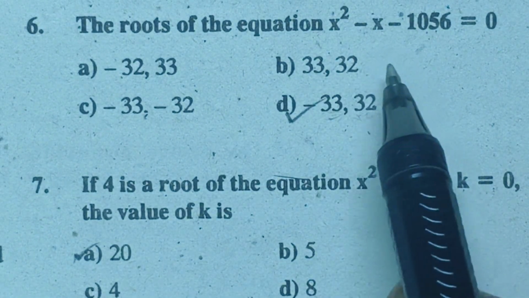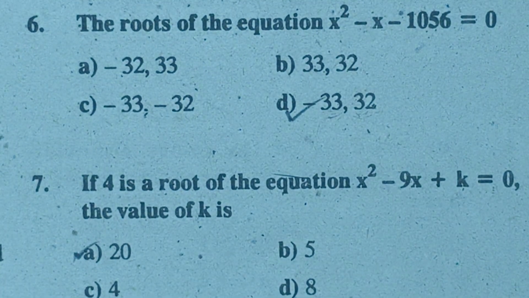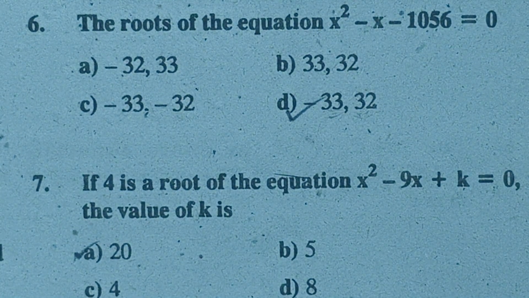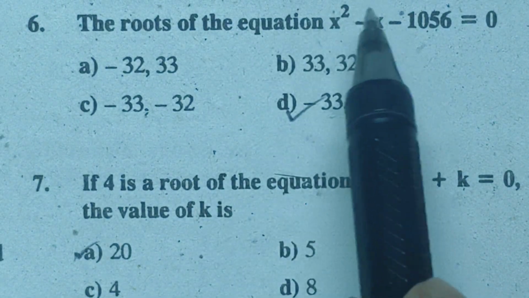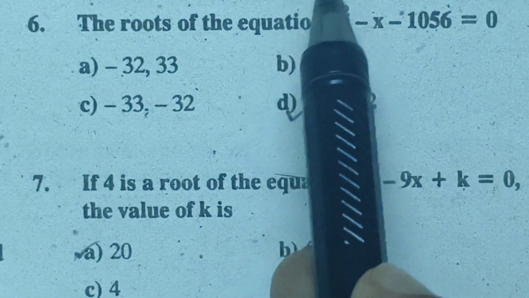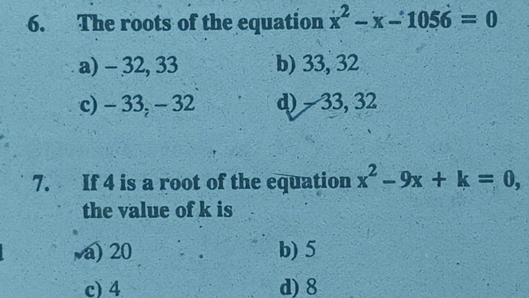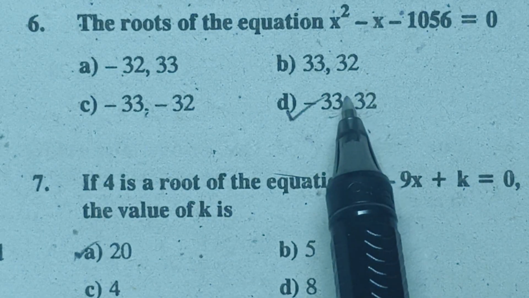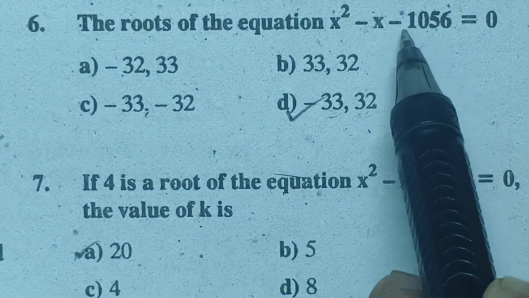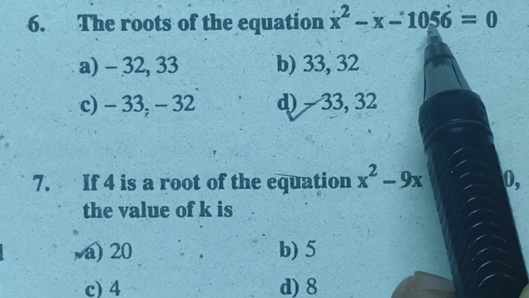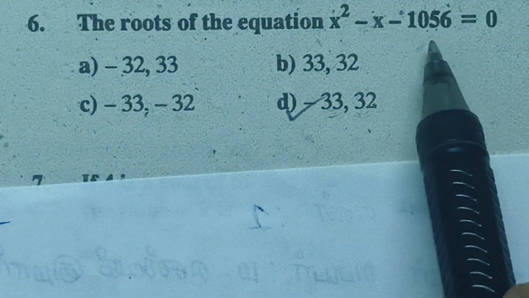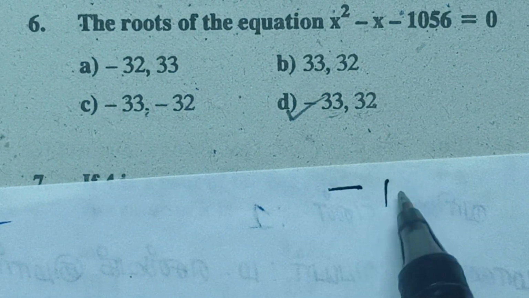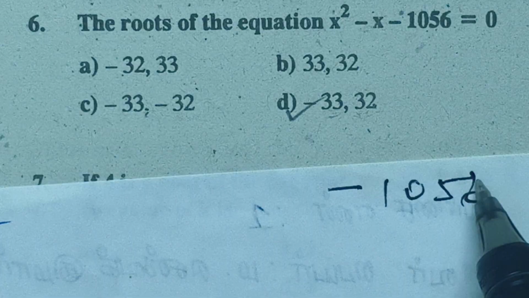We can find out from this. In a quadratic equation, the roots, the solutions, are only two numbers. If we multiply two numbers, we should get minus 1056.